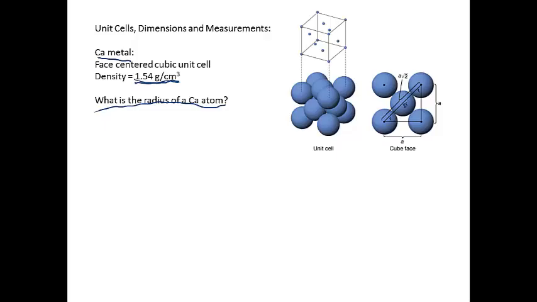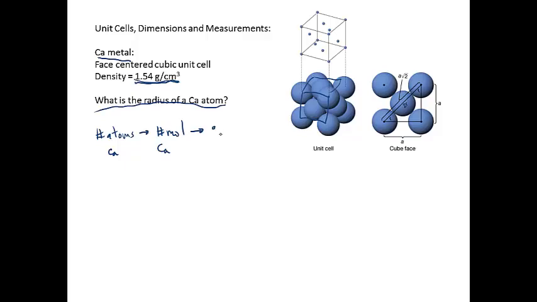This is a pretty tall order, but the way we do it is we add up how many atoms are inside that unit cell. That gives us the number of moles of calcium.